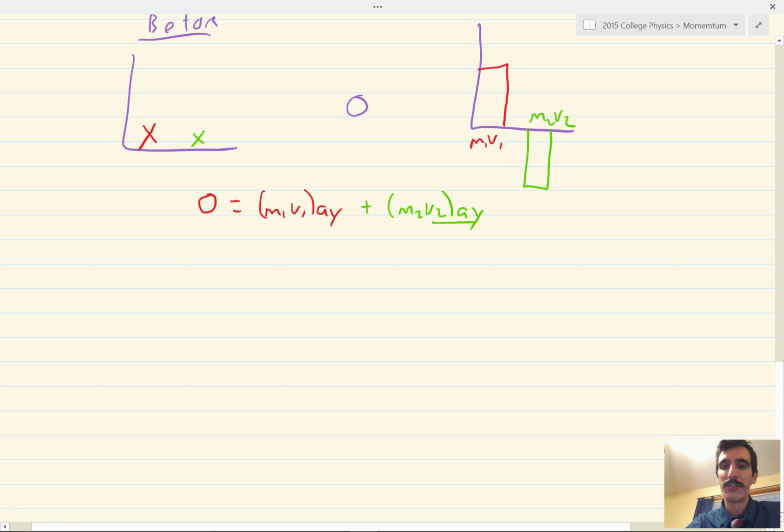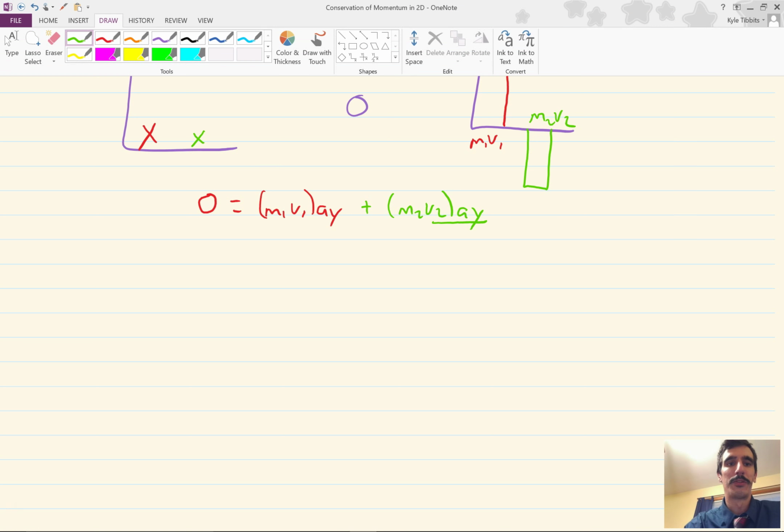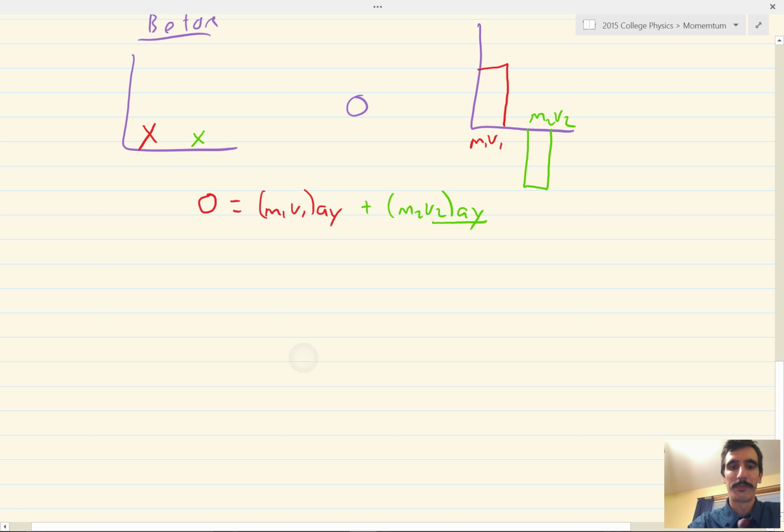We're solving for V2AY, so we'll subtract M1V1 after and divide by M2. So V2AY is equal to negative M1V1 after in the y direction all over M2.